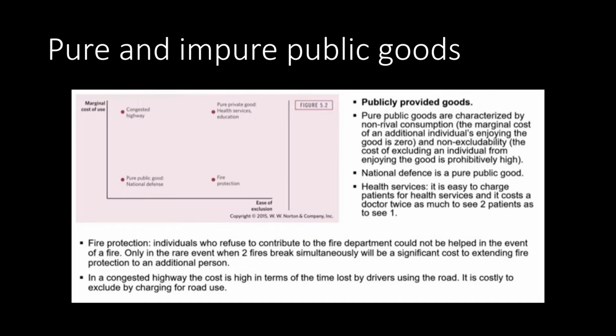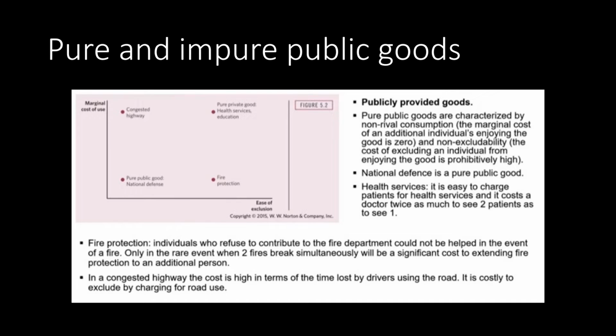Pure public goods are characterized, first of all, by non-rival consumption, which means the marginal cost of an additional individual enjoying that good is zero, and also non-excludability, whereby the cost of excluding one individual from enjoying the good is prohibitively high.